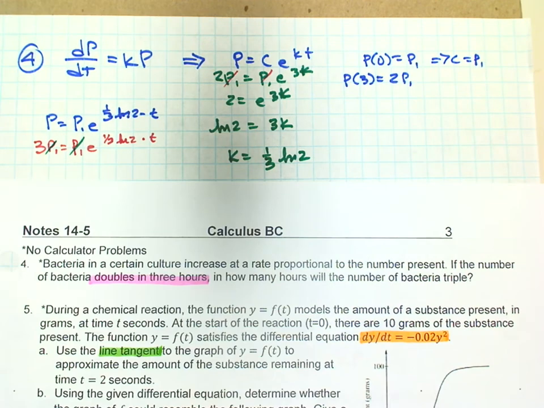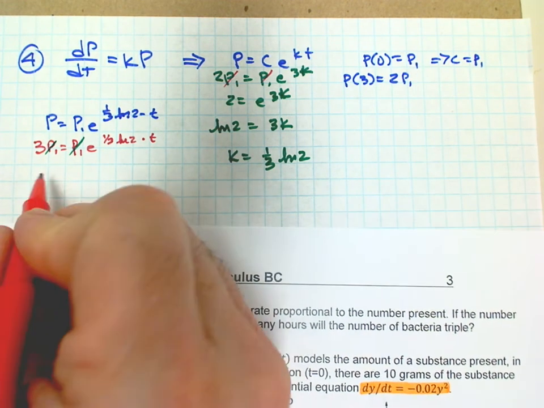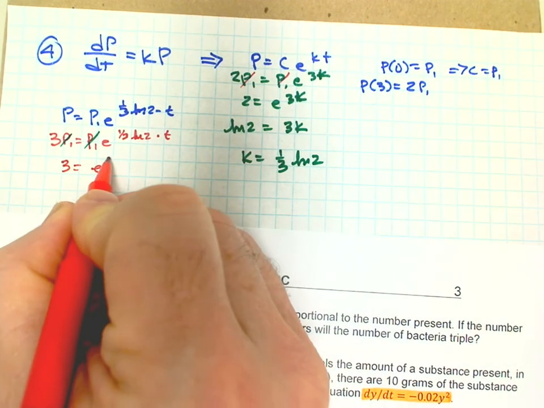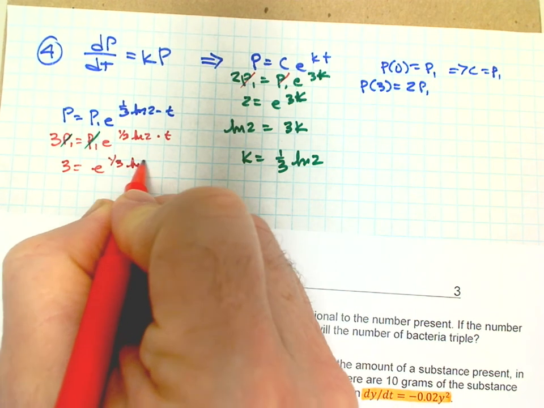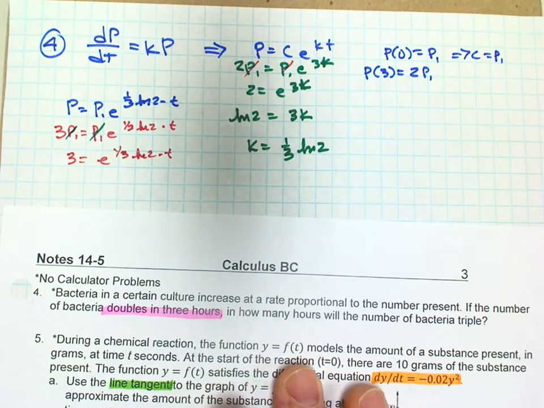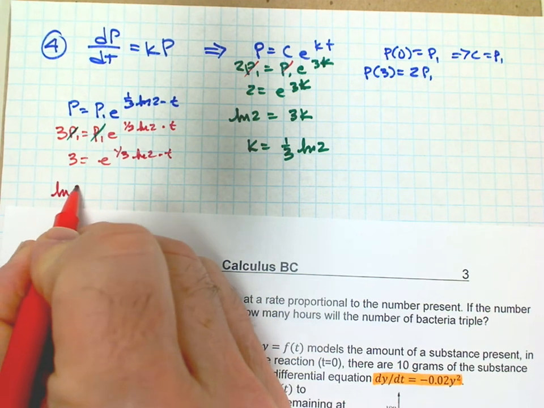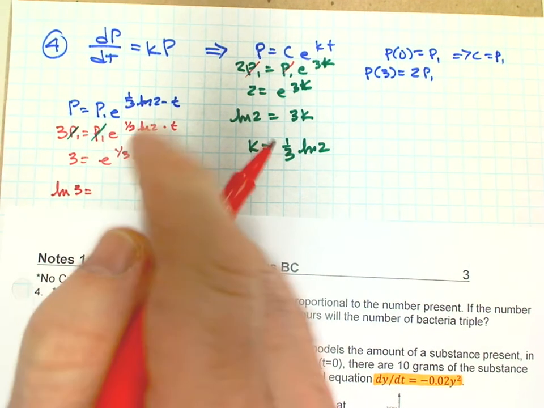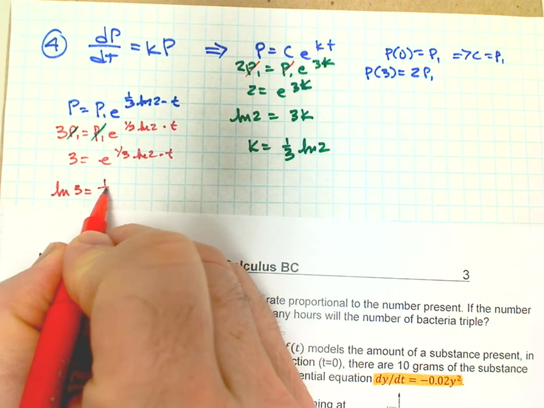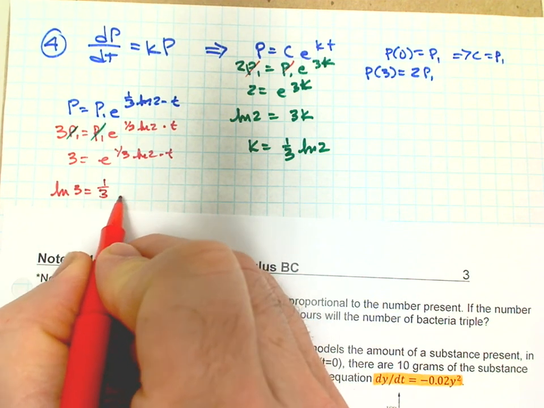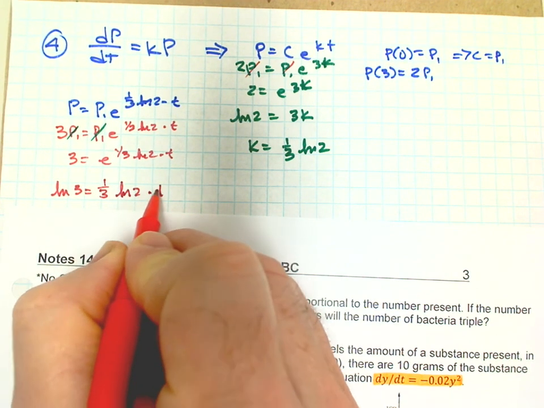Divide both sides by the P1. This gives us 3 equals e to the 1/3 natural log of 2 times t. If we take the natural log of both sides, this will be the natural log of 3 equals, when we take the natural log, this just drops down to, or becomes, 1/3 the natural log of 2 times t.